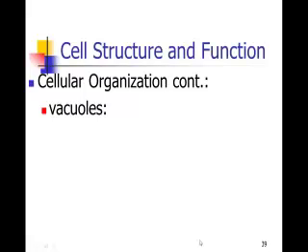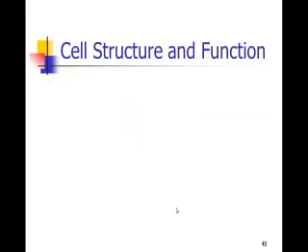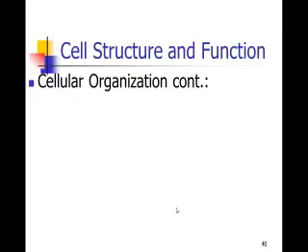Vacuoles. Vacuoles are sort of like lysosomes, except they are usually formed not at the Golgi complex but at the surface of the cell membrane. And vacuoles are used to isolate materials or objects inside the cell. They're frequently involved when you have pinocytosis, or drinking by the cell, when the cell engulfs something that's external to itself.